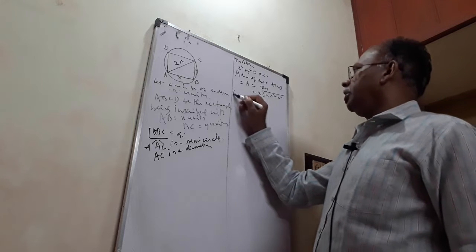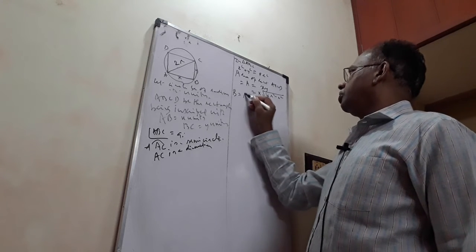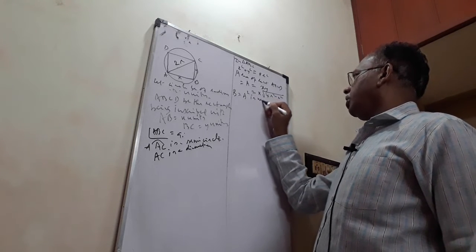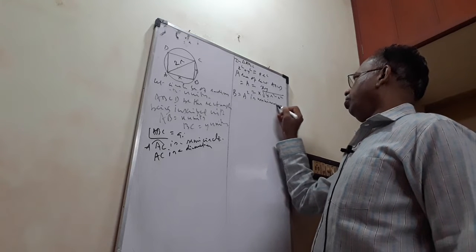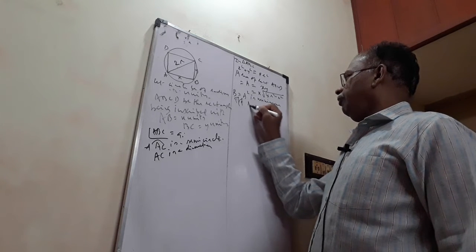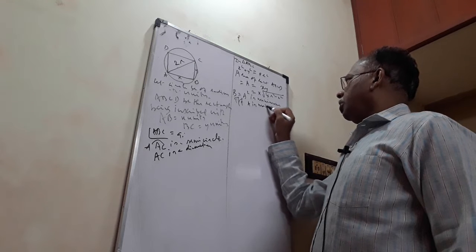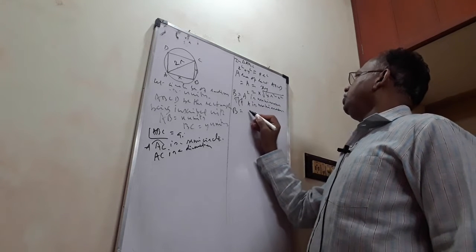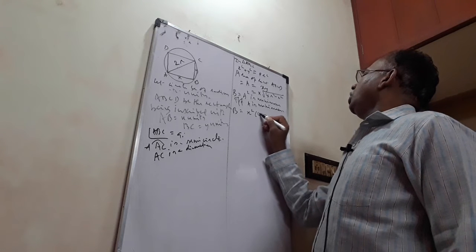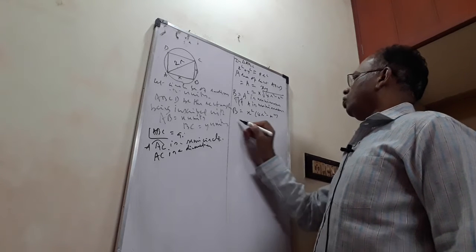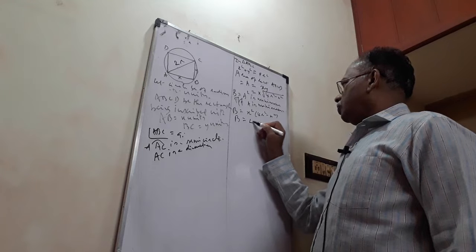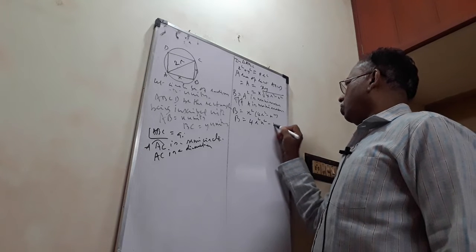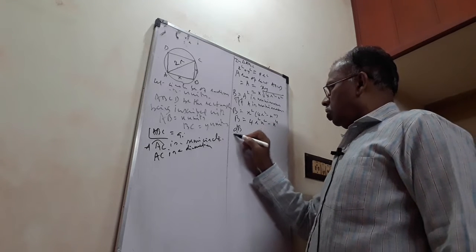To avoid that, I am allowed to use this: B equal to A square is maximum if and only if A is maximum. Therefore, B is equal to x square into 4r square minus x square, which is 4r square x square minus x power 4.